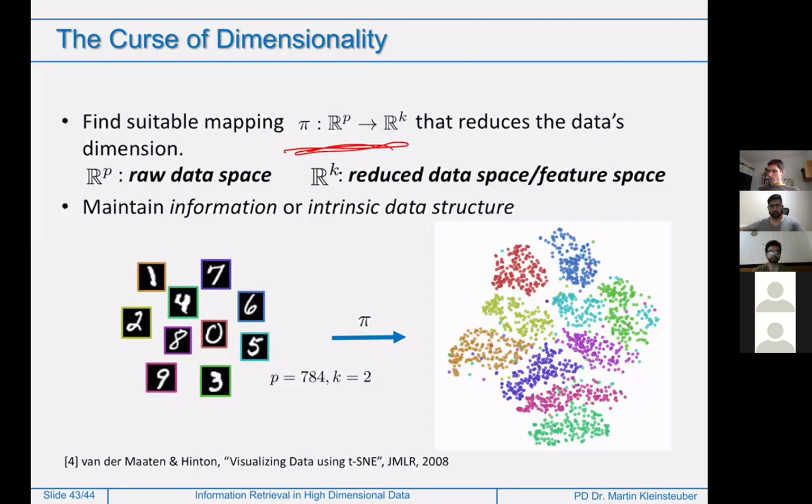Okay. So there is one example here where we maintain information or the intrinsic structure of the data. We have a high dimensional space, p equals 784, with different digits, and we want to map it to k equals 2 without losing information somehow.